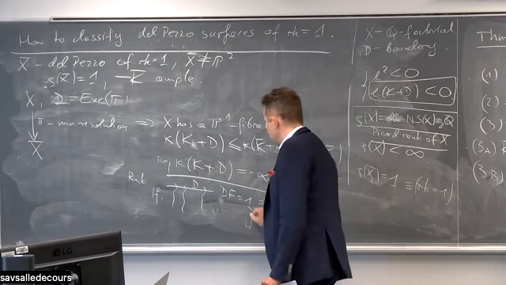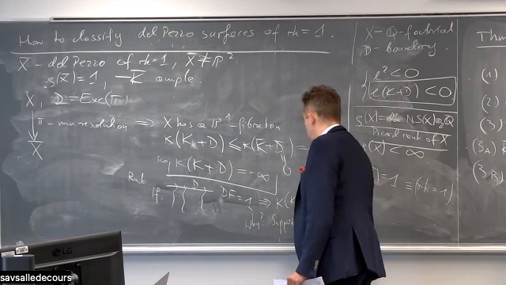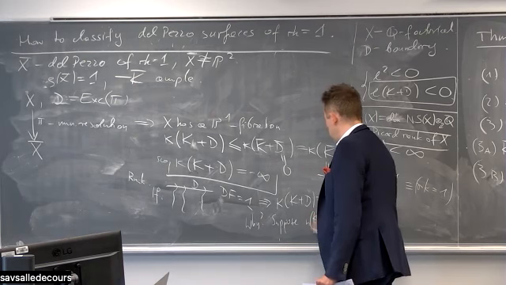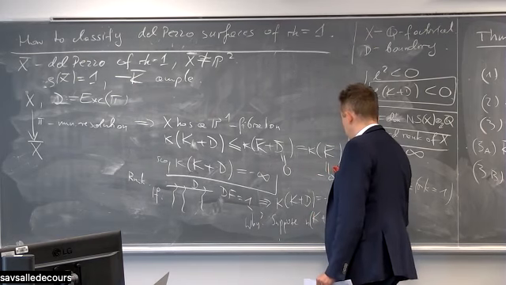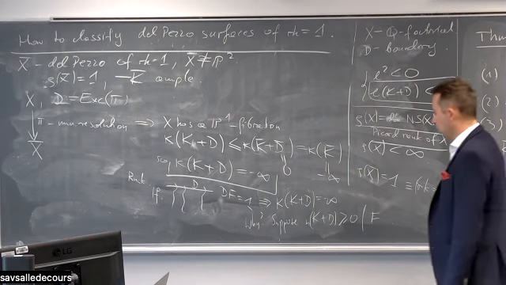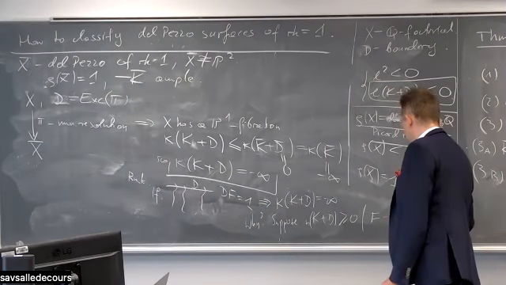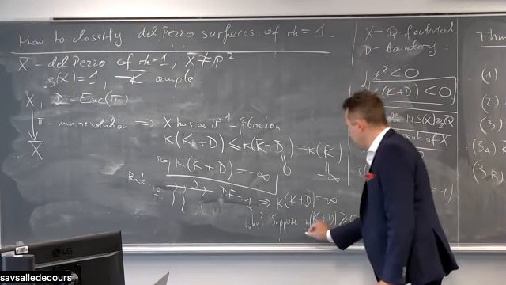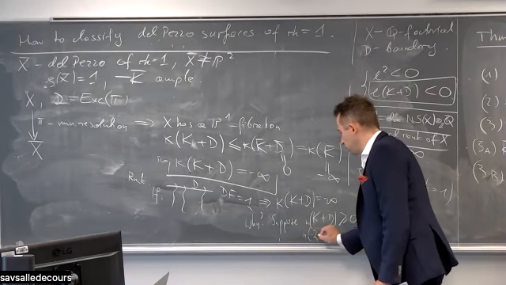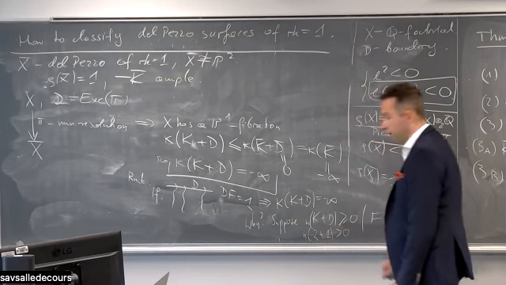Why? Suppose some n times K plus D is effective. Then you multiply it by the general fiber, and you get that n times minus 2 plus 1 would be non-negative, right?